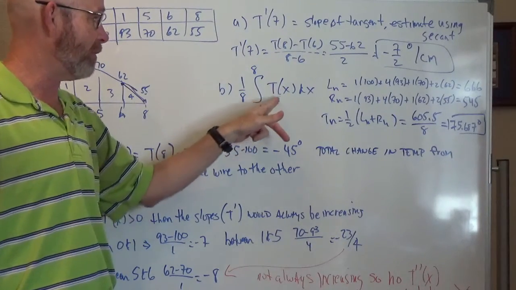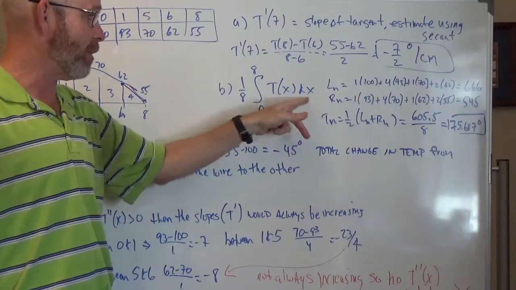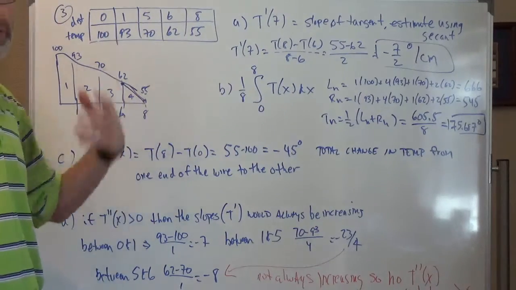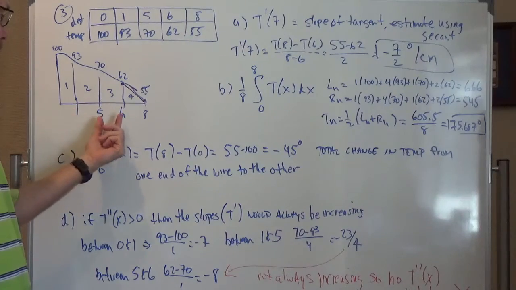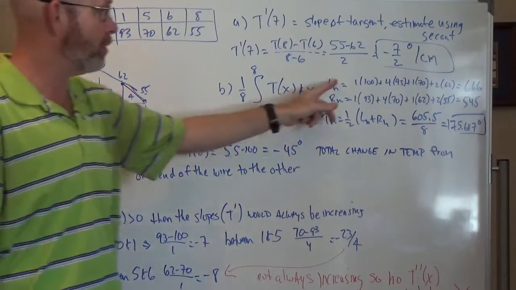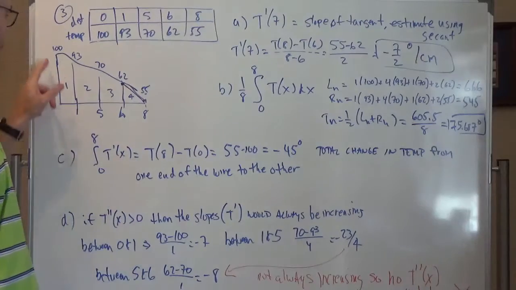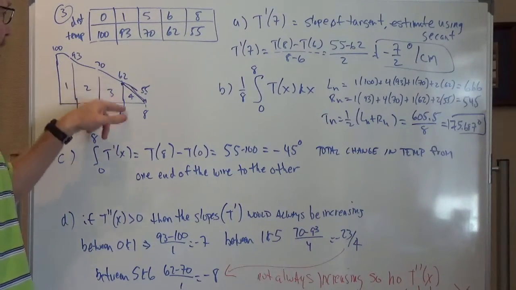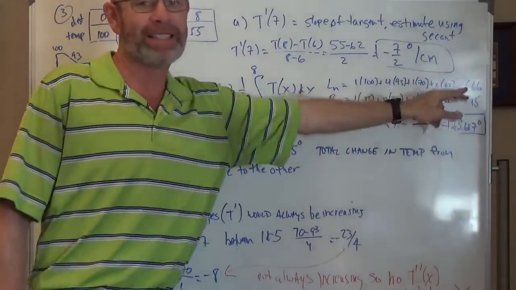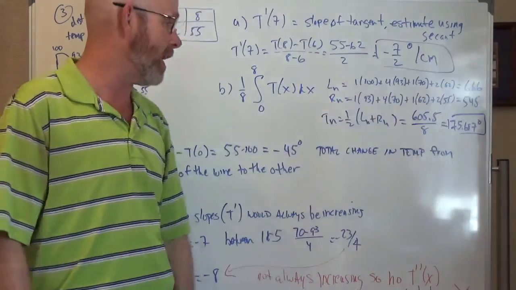So the average value of T of x from 0 to 8, they wanted me to use the trapezoidal rule. Just like the last problem, I got rectangles with widths 1, 4, 1, 2. Left-hand heights, 100, 93, 70, 62. Right-hand heights, 93, 70, 62, 55. We got 666 for the left, 545 for the right.